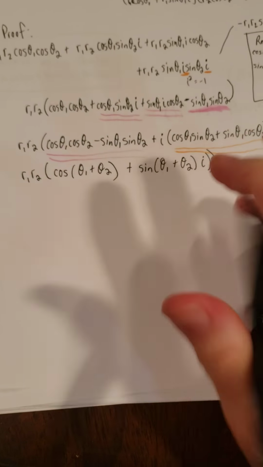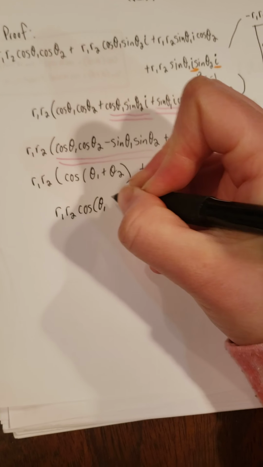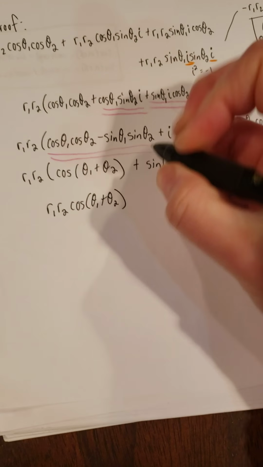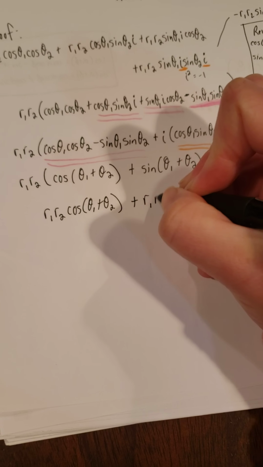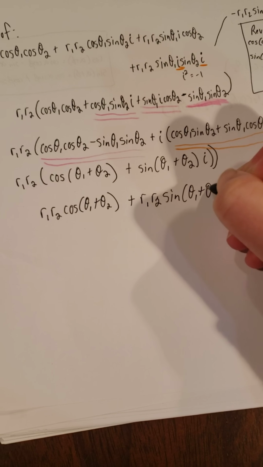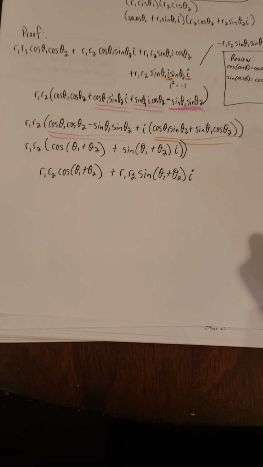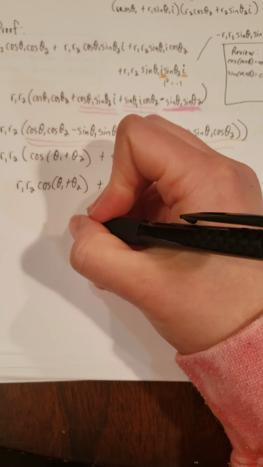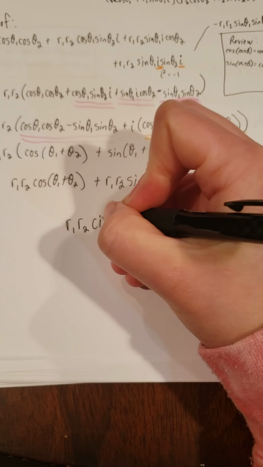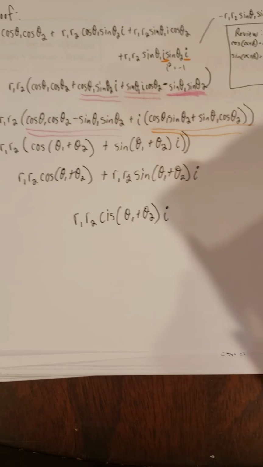So a would be r1 r2 cosine theta 1 plus theta 2, plus r1 r2 sine of theta 1 plus theta 2 i, which would be the same as just saying r1 r2 cis theta 1 plus theta 2 i.